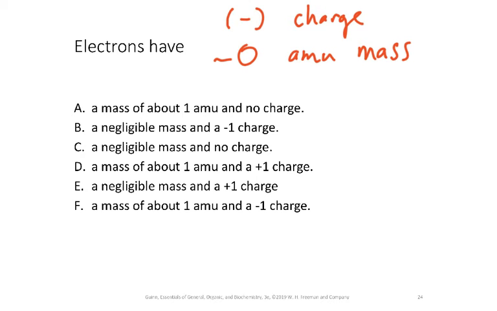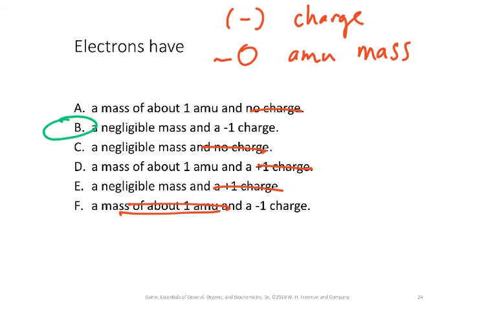Okay, so again, I can take a quick look at the end of each phrase here, and no charge is wrong, -1 charge is possible, no charge is wrong, plus is wrong, plus is wrong. So now I've eliminated all but 2, and I can look at mass, and a mass of 1 AMU is wrong, and we're left with negligible mass and a -1 charge for electrons.